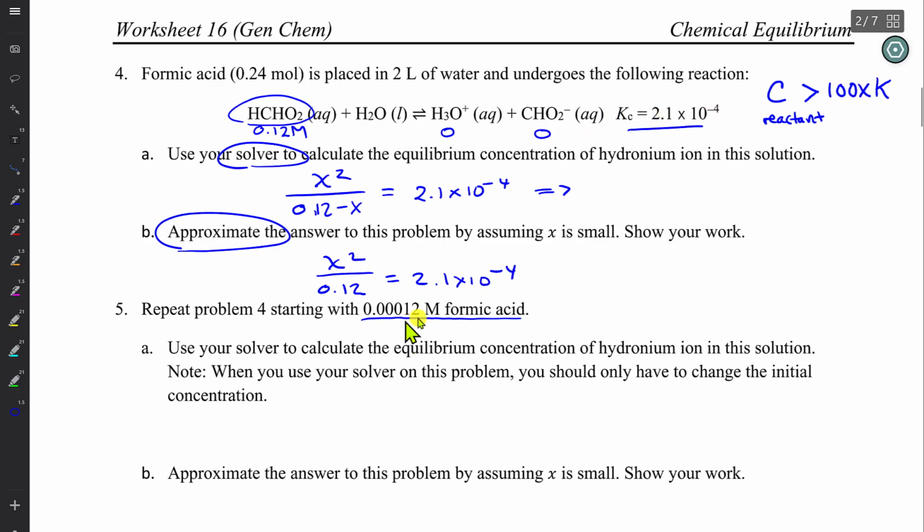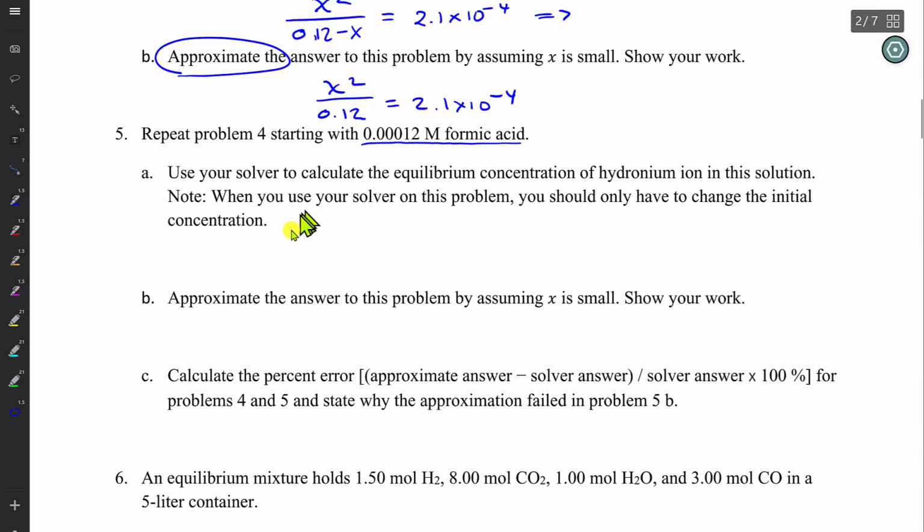The approximation shouldn't hold under these conditions. So what you're going to do is you're going to set it up, and you're going to solve it using a solver, and then you're going to use the approximation method, and then you're going to calculate the percent error in the approximation method answer. And then you could state clearly why the approximation failed in 5B.